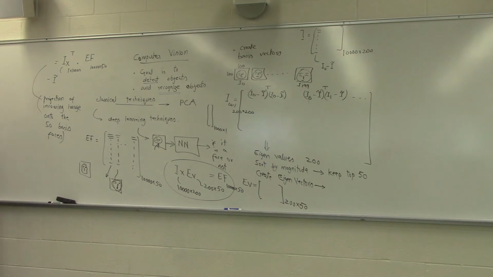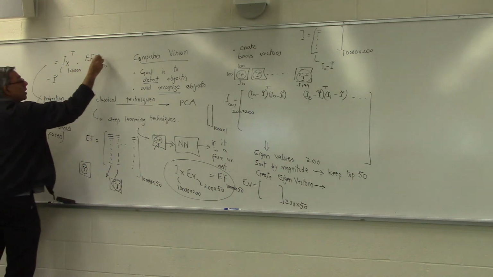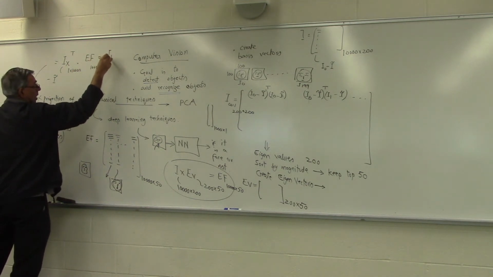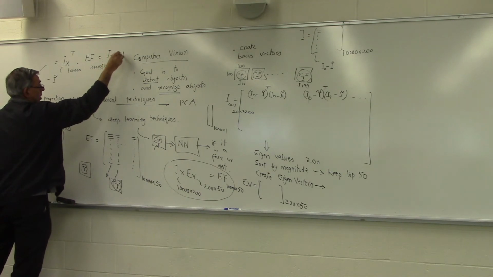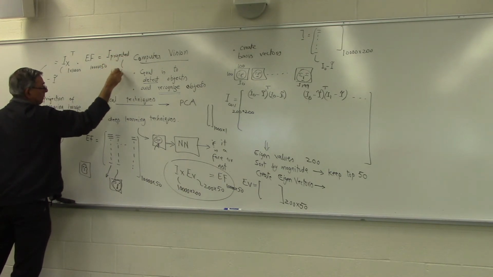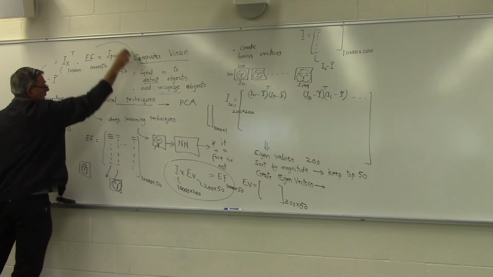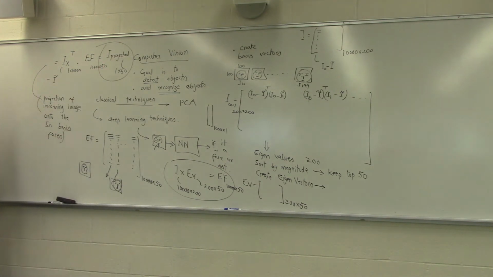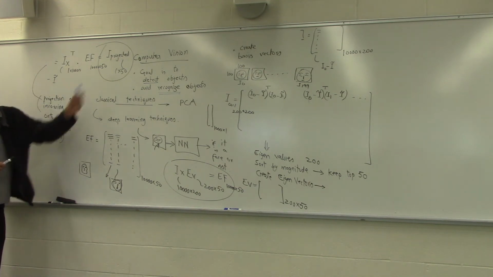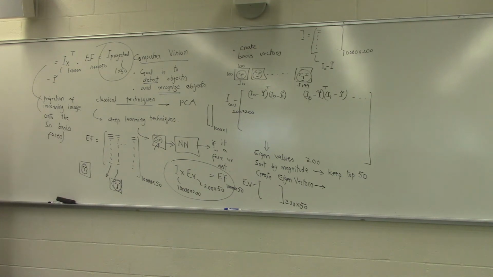Okay, so this will give us basically I projected, which will be 1 by 50. So as you can see, what we have done essentially is we have reduced a 10,000 by 1 image to simply 50 numbers through the PCA, right?